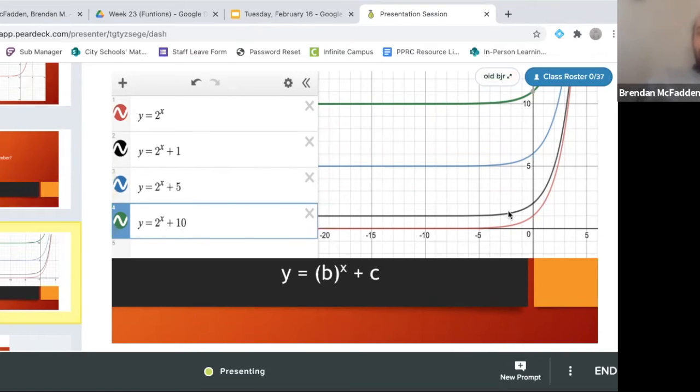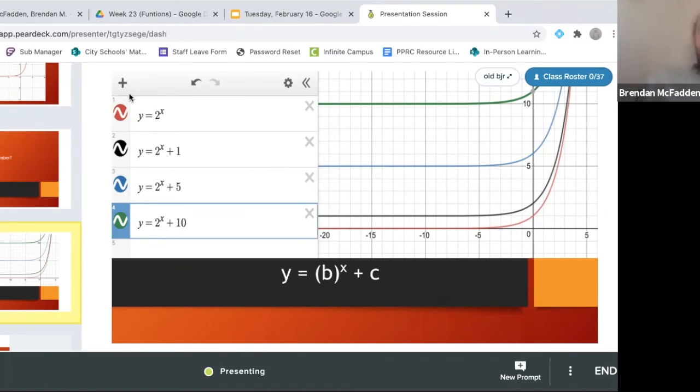So if we look at all of these, there's a couple things that I would make sure I state when I'm describing the new functions or the change in our parent function. So if we add a number c to it, first thing I would describe is what happens to the asymptote. And again, that asymptote is the line that the graph approaches but never touches or crosses.